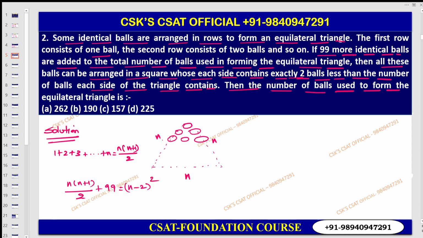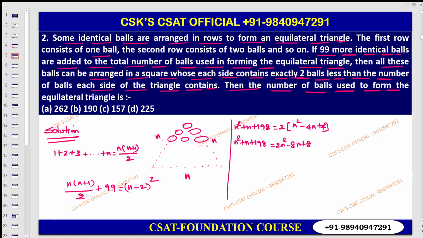You need to find the value of n by rearranging. So n square plus n, take the LCM, plus 198, which is equal to 2 into (a minus b) the whole square formula, n square minus 4n plus 4. Then multiplying, n square plus n plus 198 is equal to 2n square minus 8n plus 8.